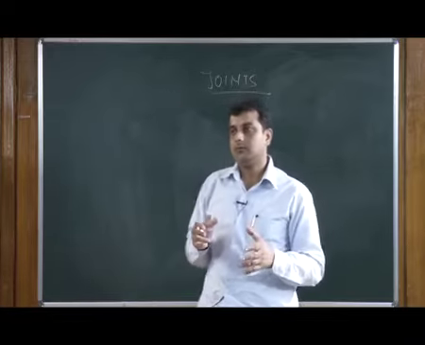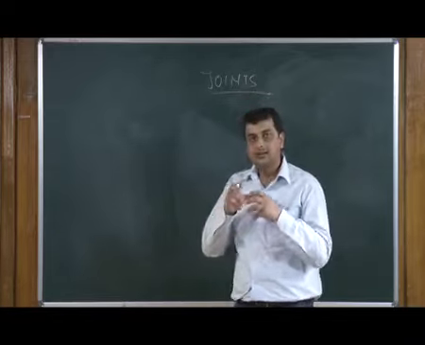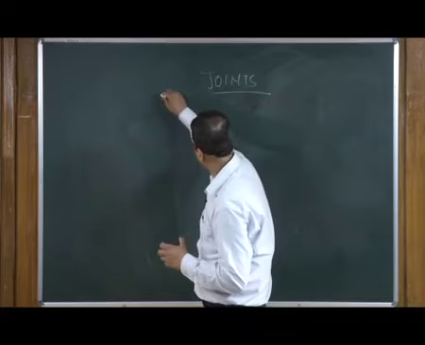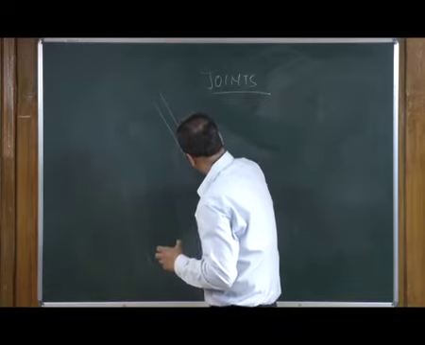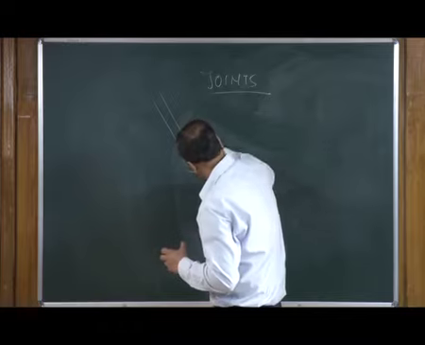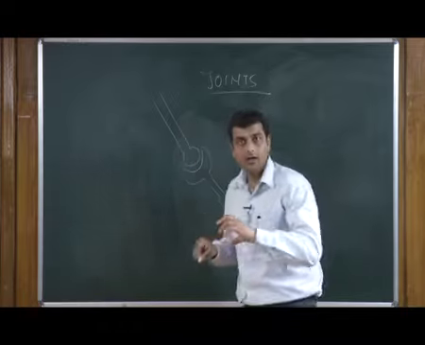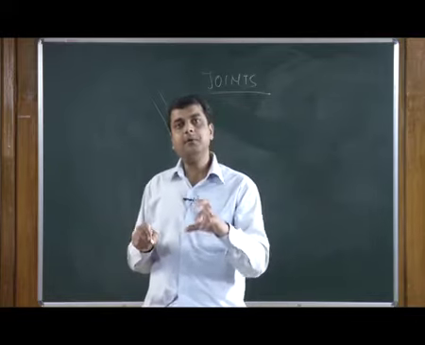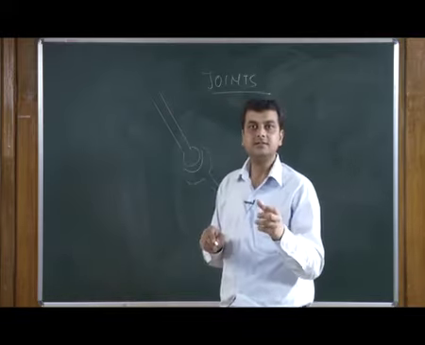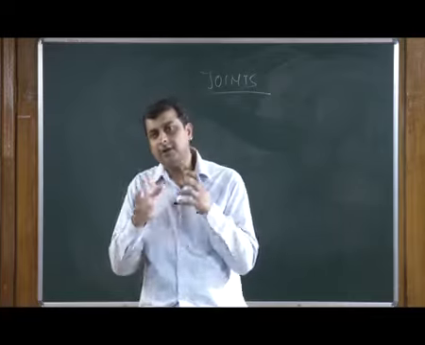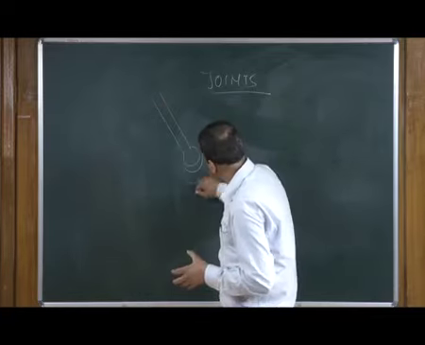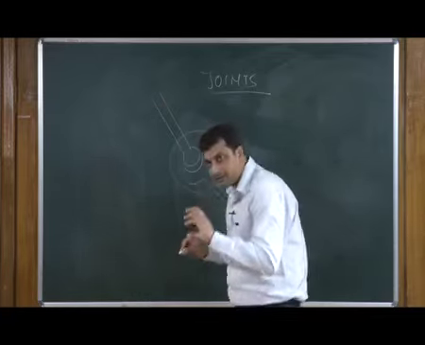Sometimes what is happening, suppose you have one bone here and then you have another bone here. Now this area is sometimes getting inflammation. Inflammation is a kind of problem where this whole area is getting some sort of disturbances.